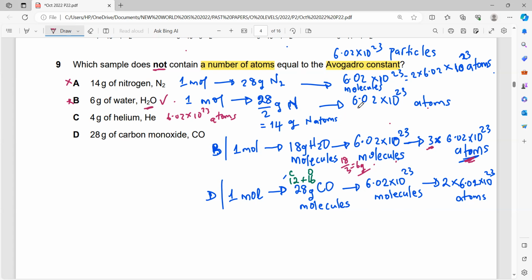To get the Avogadro constant, we divide 28 by 2, which is 14 grams of carbon monoxide molecules that should contain 6.02 times 10 to the 23 atoms. And the question says 28 grams, so this answer is wrong, making D the best choice.